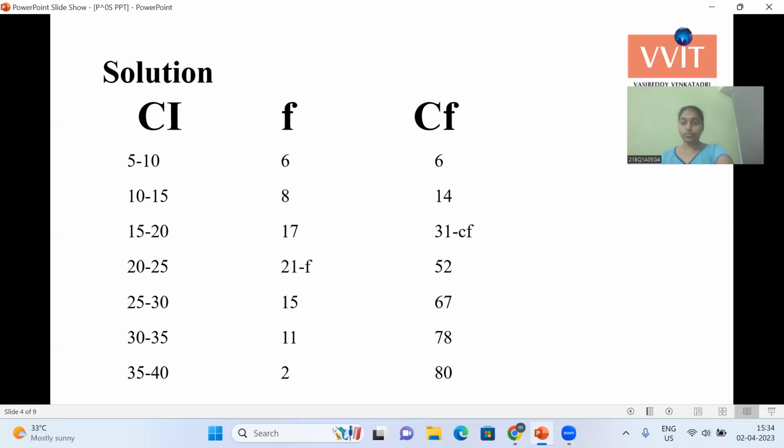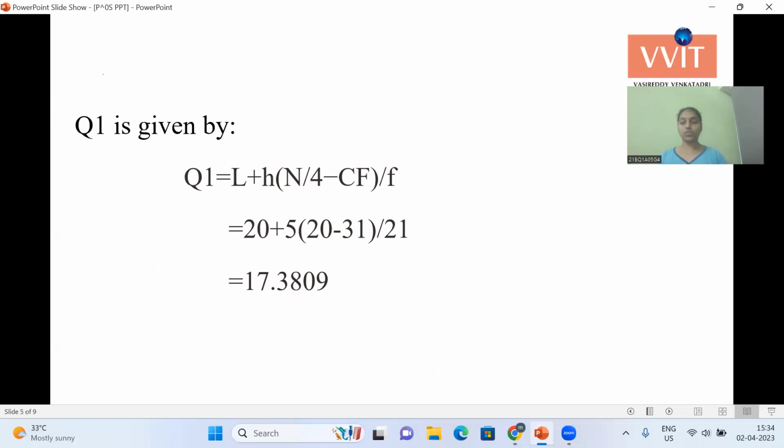CF means the cumulative frequency of the class preceding the median class. Here 20 to 25 is the median class, so 31 is the cumulative frequency value. As we know, small h is the width of the class interval, that is 5.